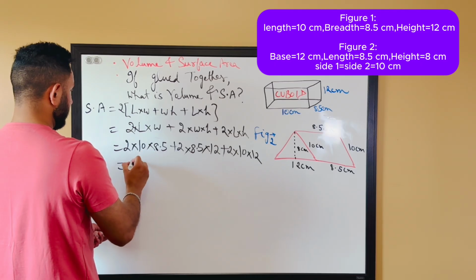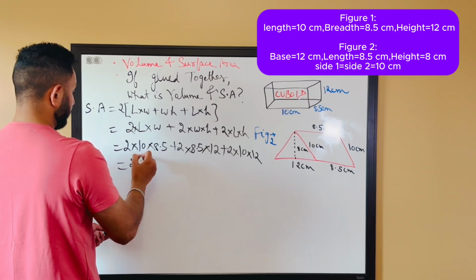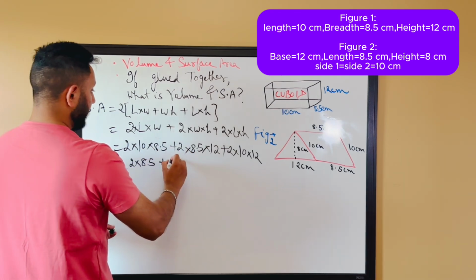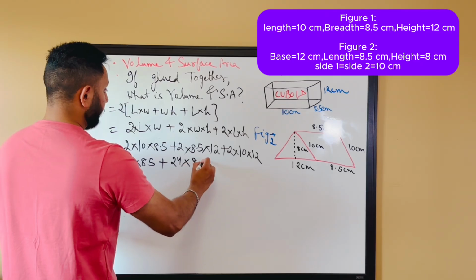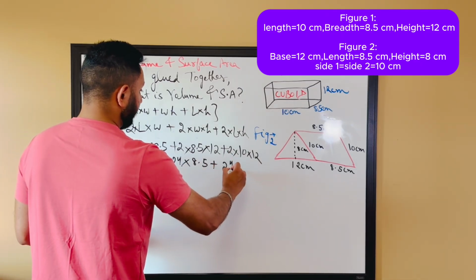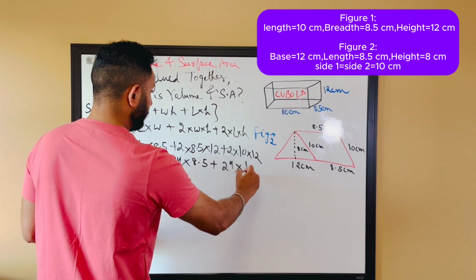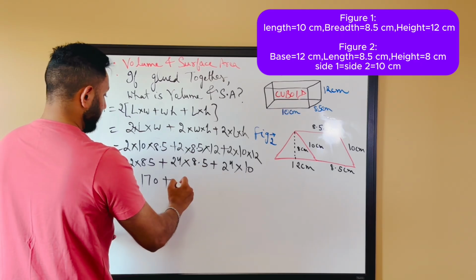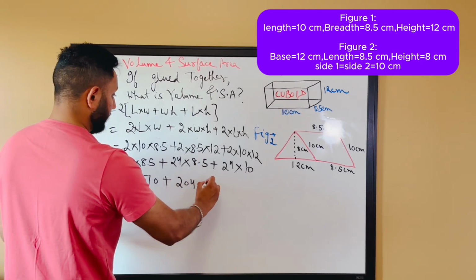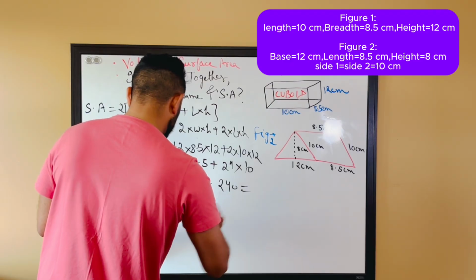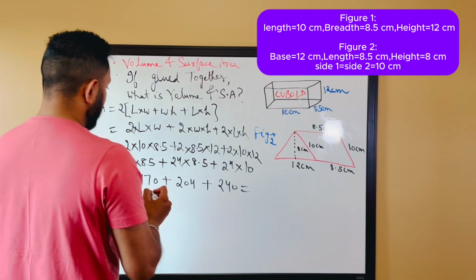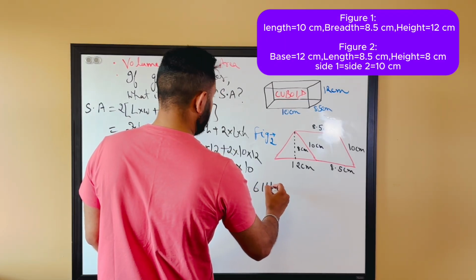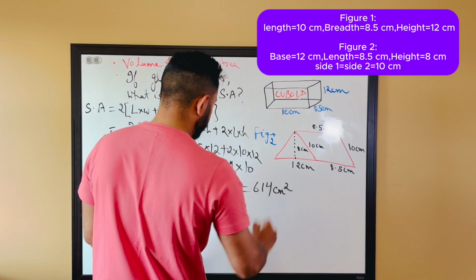So here twice into 85, because 10 into 8.5 is 85, and 24 into 8.5 plus 24 into 10, and here 170 plus 204 plus 240. So it comes out to be 614 centimeter square.